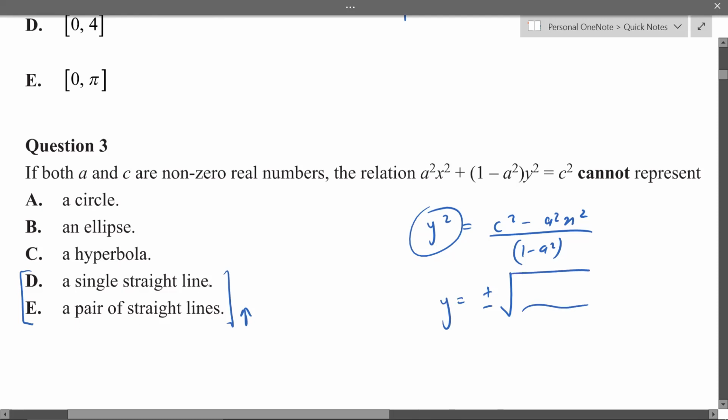So by checking this answer, we know that D is wrong because you can get 2 lines. It can't only represent a single line, especially because they don't give us any restrictions on A and C that would suggest that there's only 1 line.